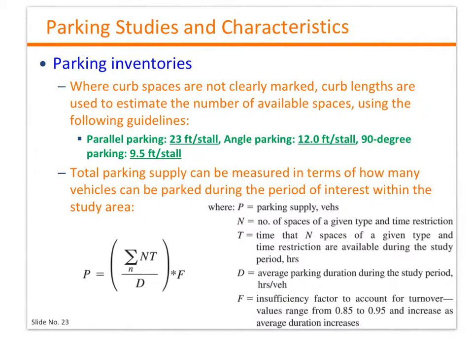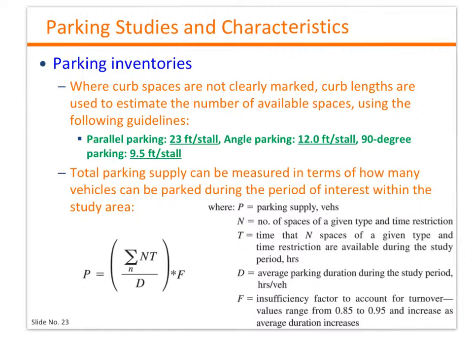Part of the parking inventory also concerns where curb spaces are not clearly marked. This is an issue. When curb spaces are not clearly marked, curb lengths are used to estimate the number of available spaces using the following guidelines. If I have parallel parking, I'm going to use 23 feet per stall.